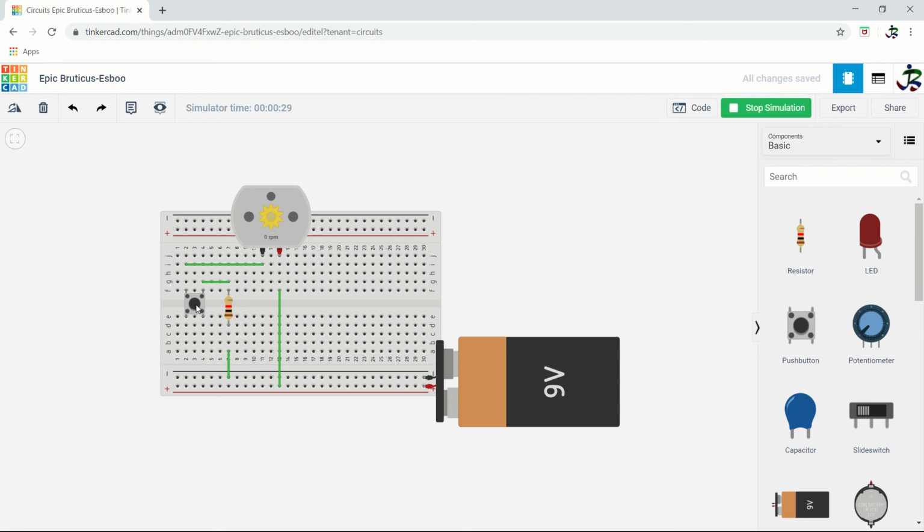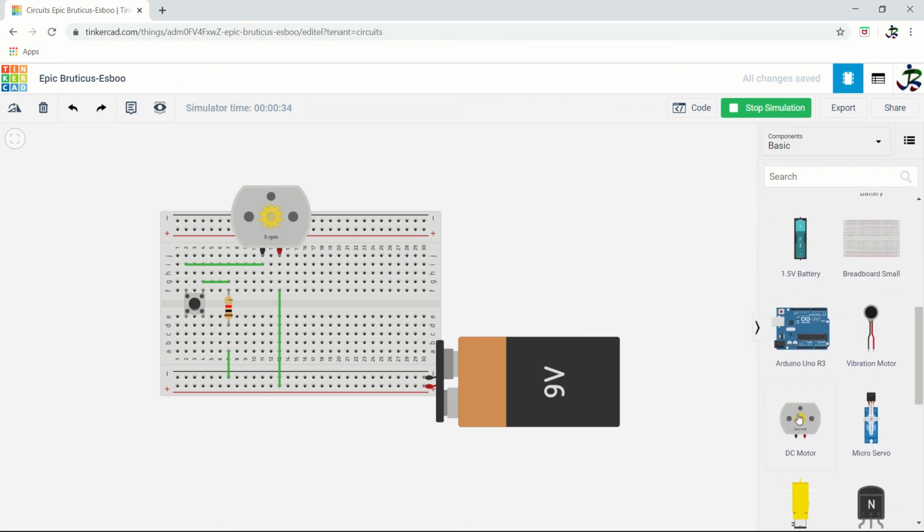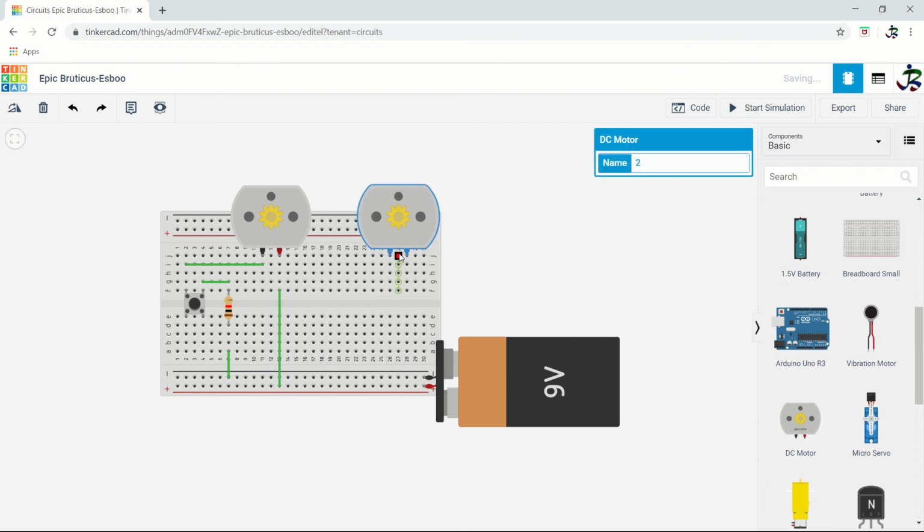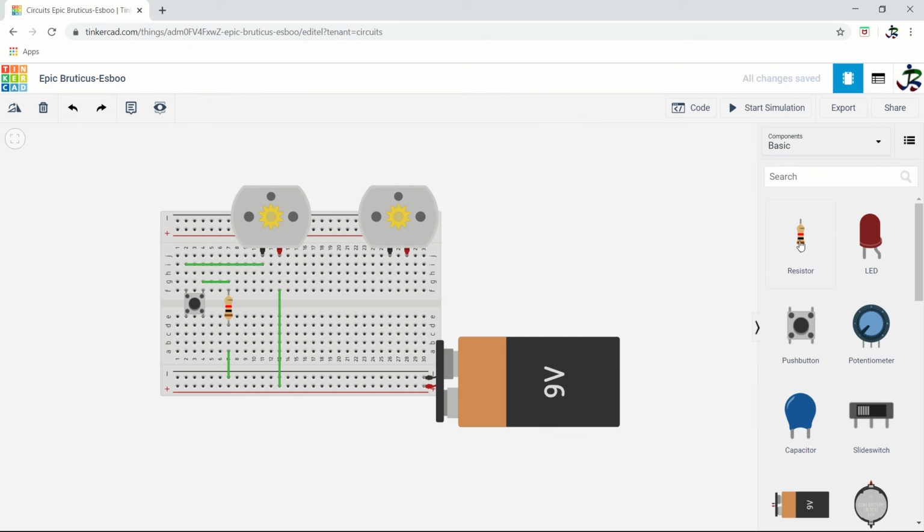Now try to have two motors, because if you want to make a robo car you have to use two motors. So take out one more motor and place it here, and again do the same connection with the switch. Now you can use a single switch, because both switches cannot be pushed simultaneously. The positive will go directly to the motor positive, the negative will go to the resistor.